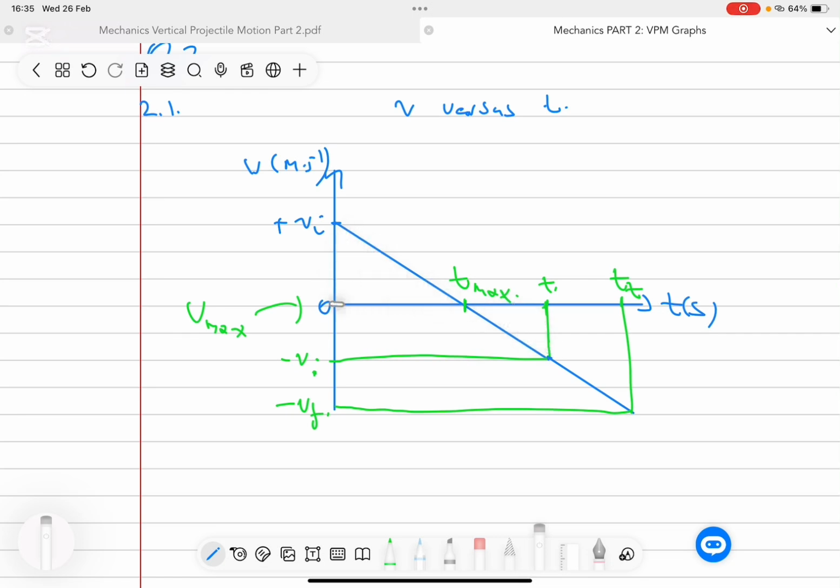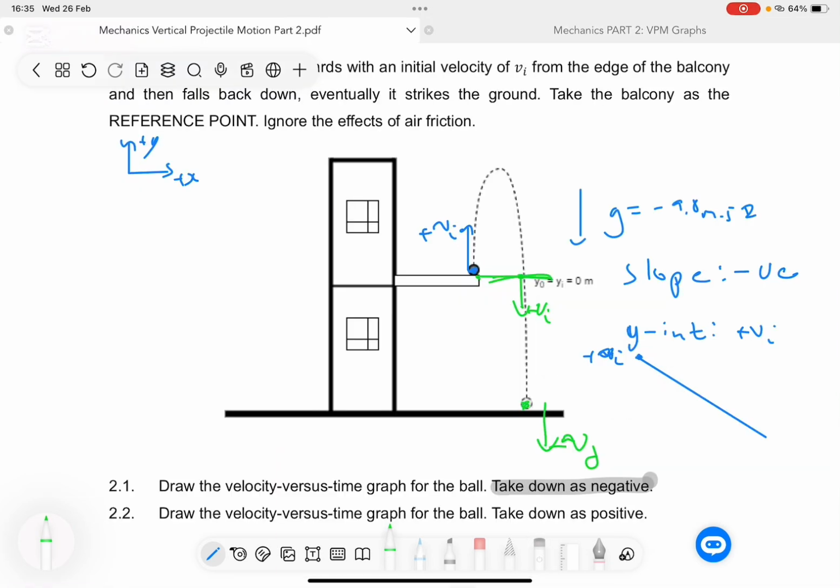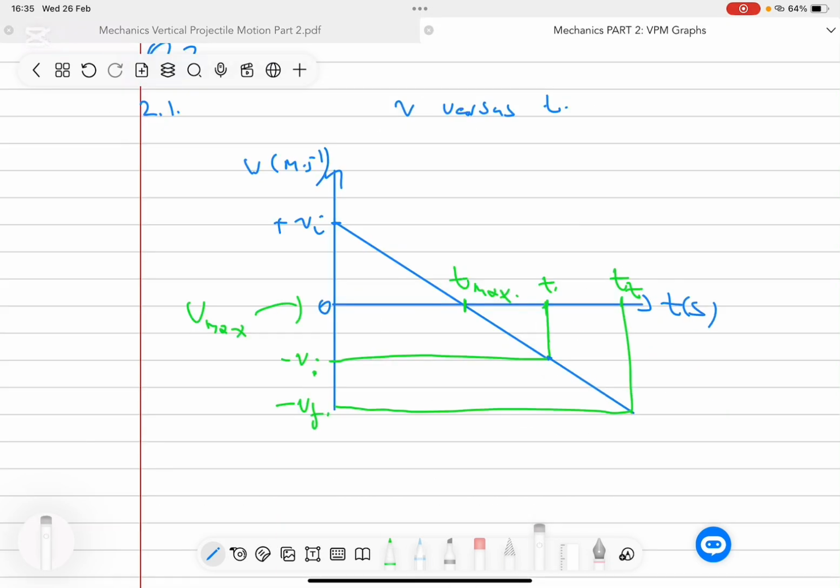In other words, the time it takes to go up is the same as the time it takes to get to the balcony. But now if you continue coming to this part here, it is not the same anymore. It's an additional part of motion here. So only this part and this part are the same. But this part here is not the same as this whole part. Very important to notice that, especially when we are going to solve problems.